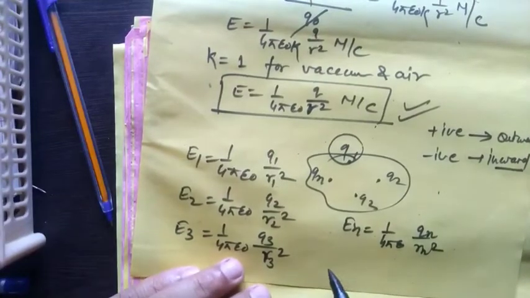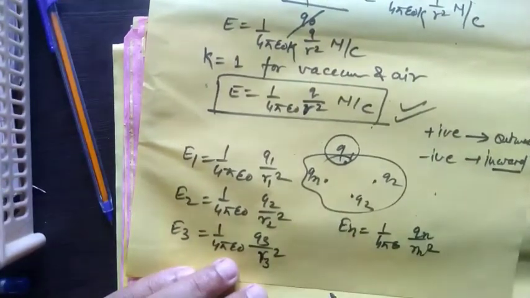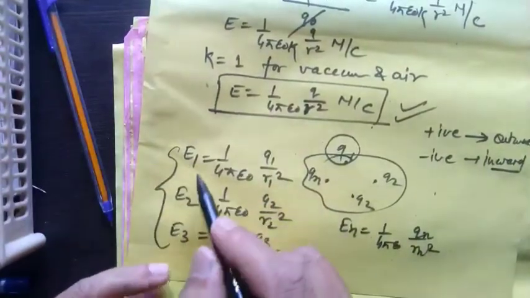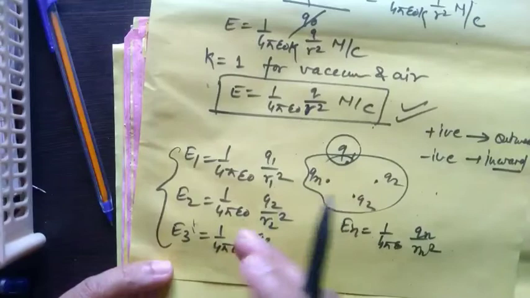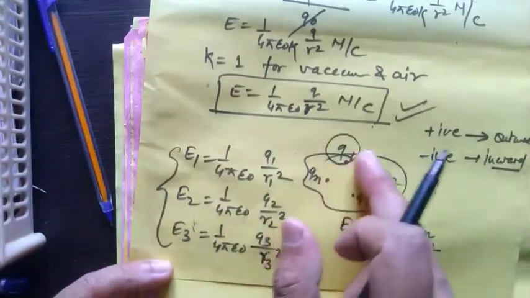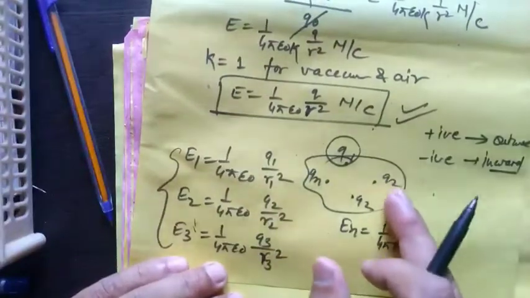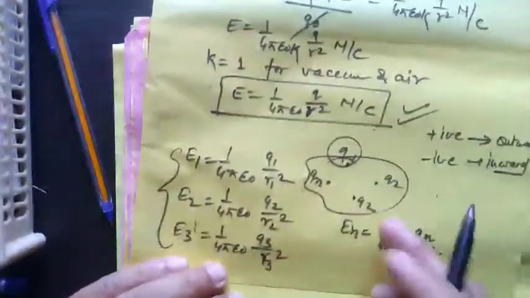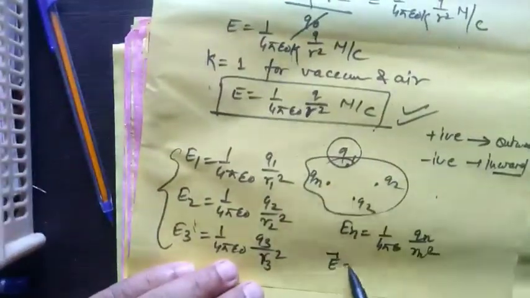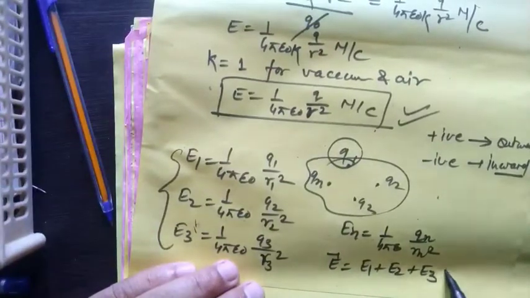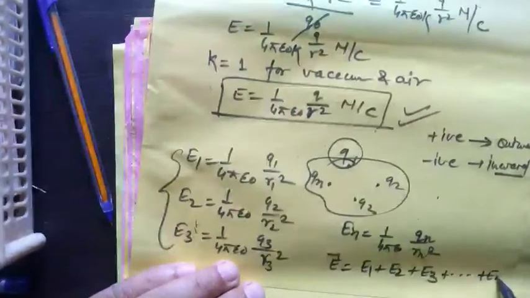And the resultant electric field intensity is equal to the sum of the multiple electric field intensities due to the multiple charges in a system. Then we can easily find E1 plus E2 plus E3 up to En terms.